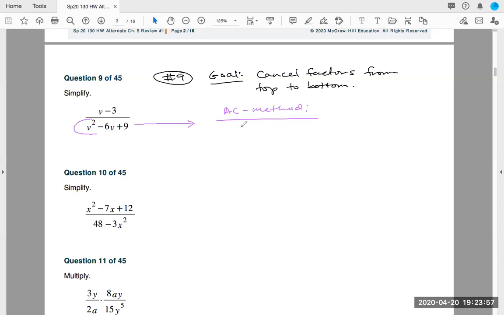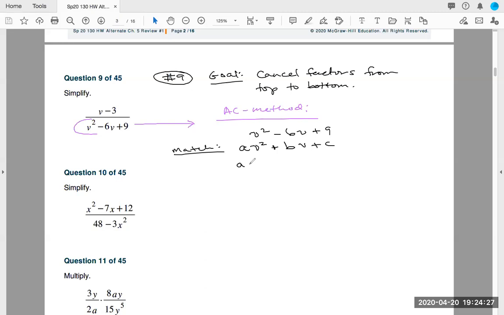So we have v squared minus 6v plus 9. And we're trying to match. In this case, we have v as our variable. That does not change the placement of a, b, or c. Okay. So we're matching av squared plus bv plus c.